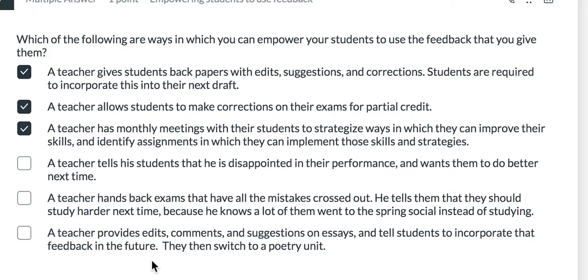When we think about this next one, ways you can empower, right? The key thing here is that you provide an opportunity or incentive or a requirement for your students to actually use something.